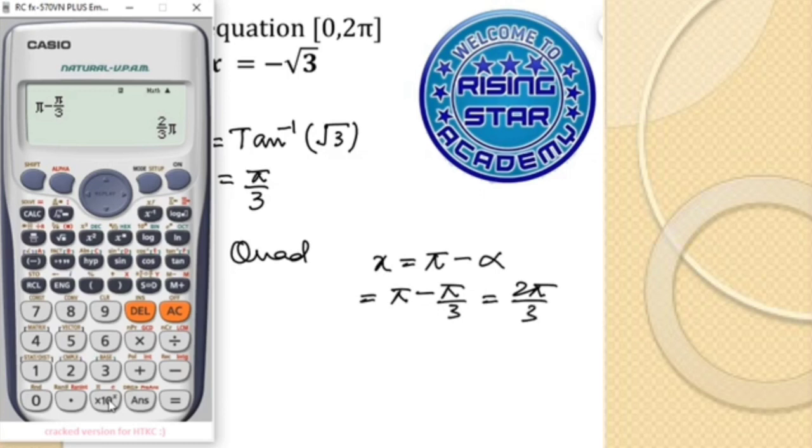For the fourth quadrant, x is equal to 2 pi minus alpha.